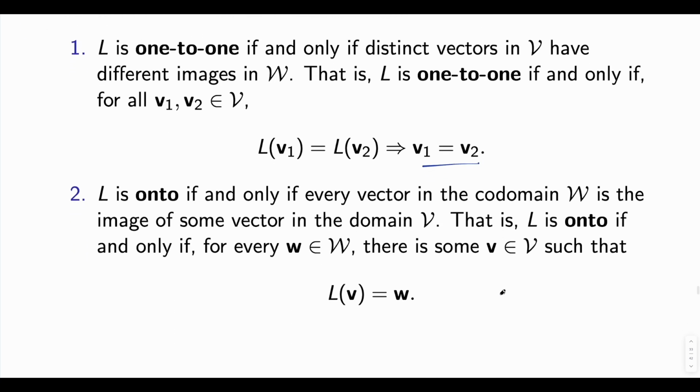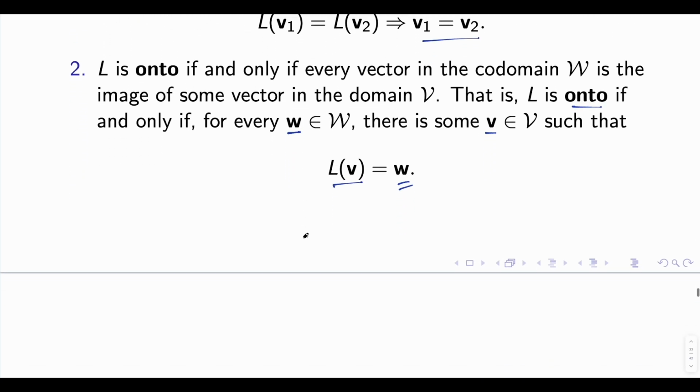And L is onto if and only if every vector in the codomain W is the image of some vector in the domain V. That means L is onto if and only if for every w in W there is some v in V such that L(v) equals w. So nothing will be left over in W. The entire range becomes W actually.